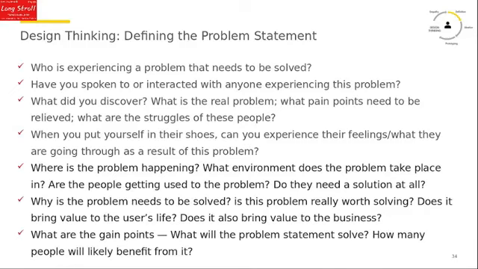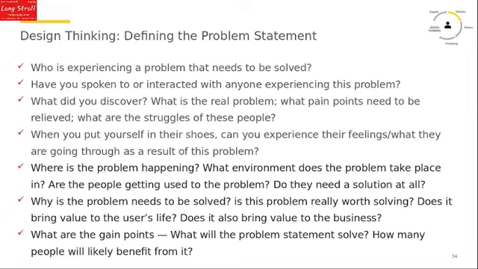When you solve it, apart from delivering value to them, will it also bring value to your business? Now, the next question is, what are the gain points? What do you stand to gain? What do they stand to gain? What will this problem statement solve?